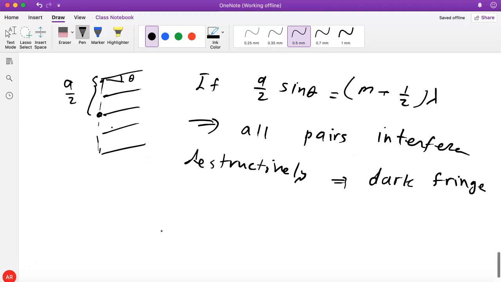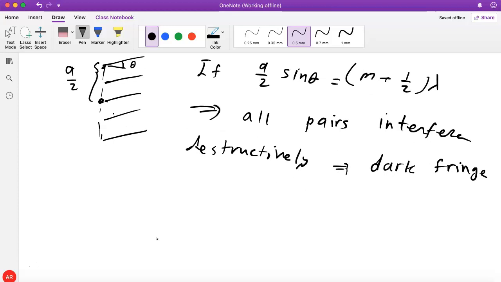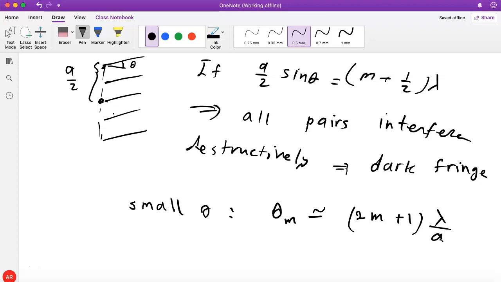If you make the small angle approximation here, let's say we multiply that equation by 2 and we set sine theta equal to theta. In the small angle approximation, we have theta m is approximately 2m plus 1 times lambda over a.